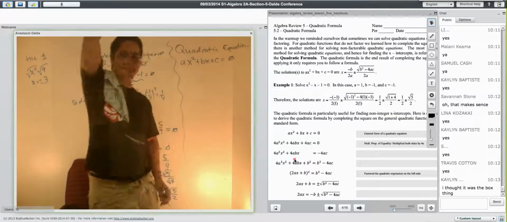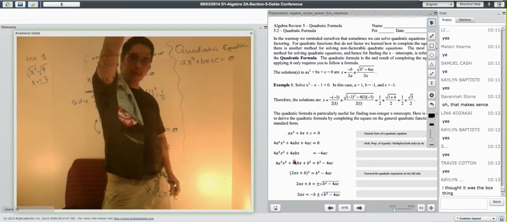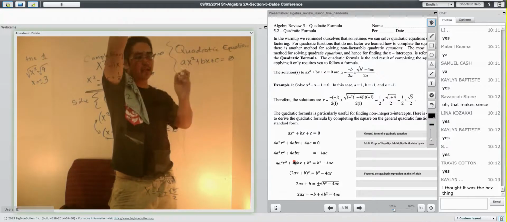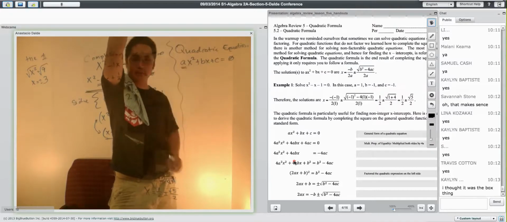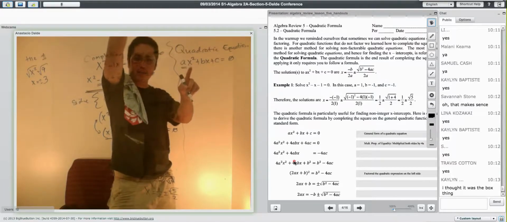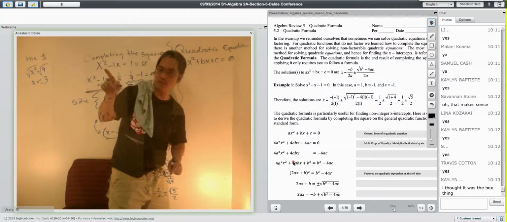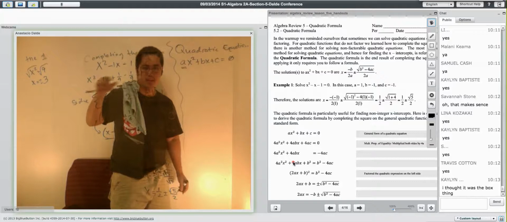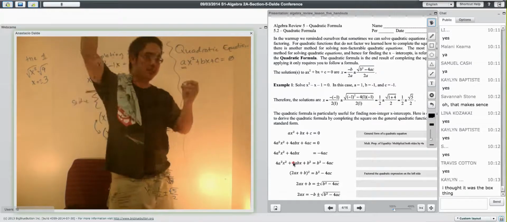The first rule of completing the square is I don't like a number over here. I like to have my x squared term have nothing on it. The original equation we did had nothing on it, so we didn't worry about that. But for now, I need to divide by a.